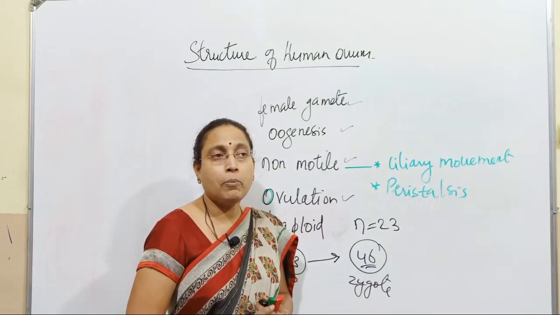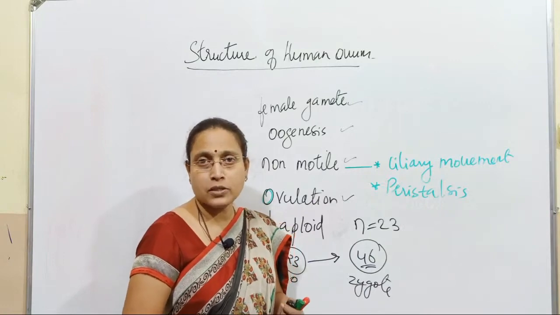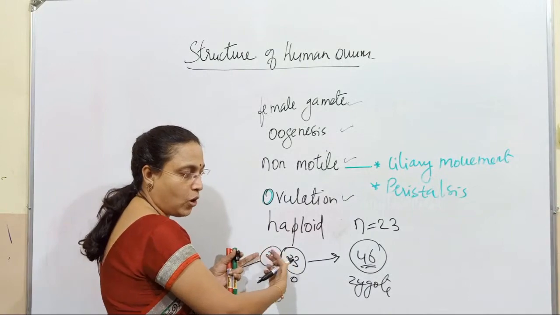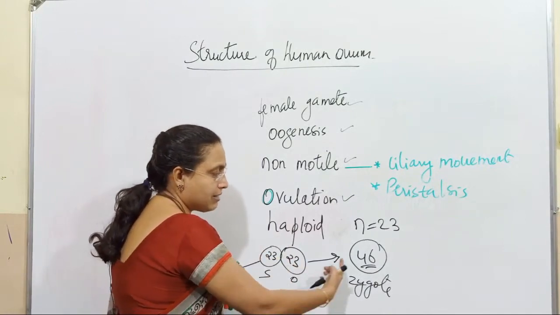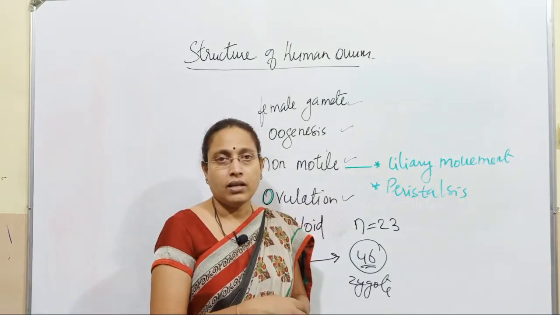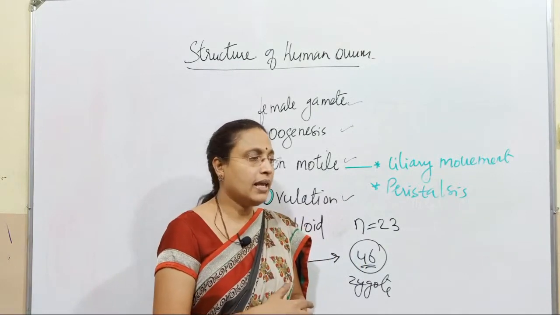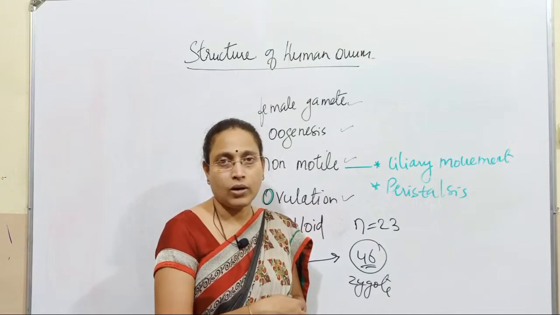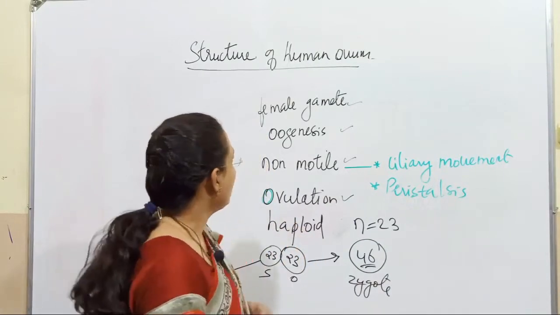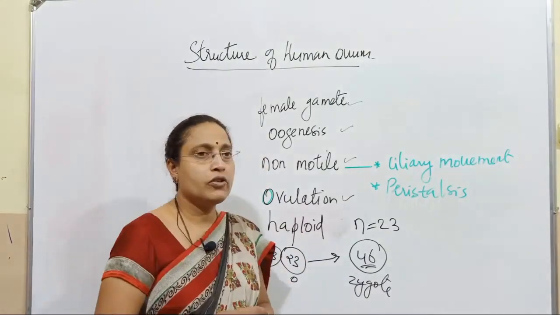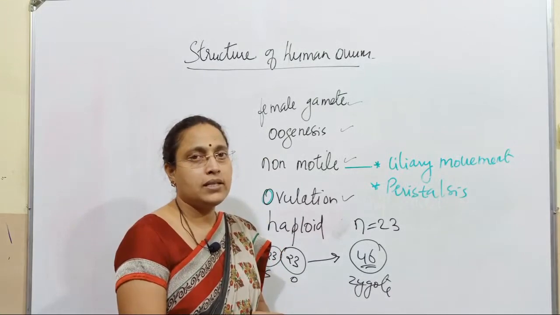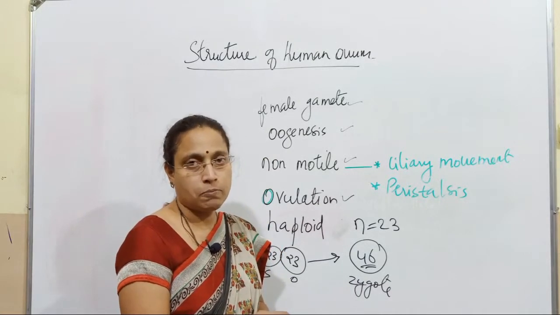It means that the diploid state in human beings is maintained by fertilization, the fusion of sperm with ovum. That maintains the diploid chromosome number in the zygote, and subsequently the diploid state in the organism. These are some of the points which you should know about the ovum. Ovum is also quite large compared to sperm.